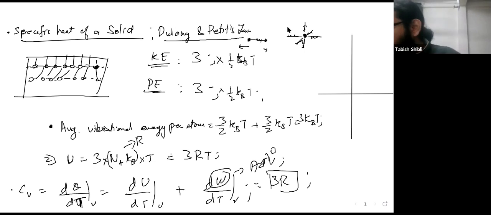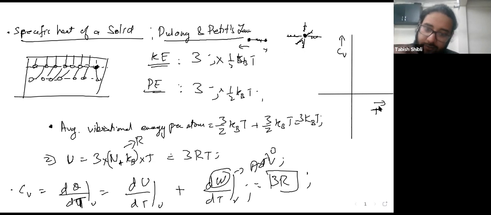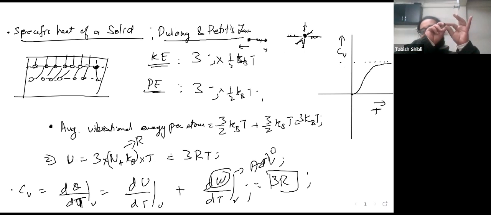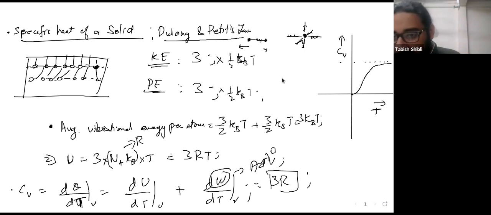If you want to plot CV along the y-axis, along with the temperature, as you increase the temperature, how does CV change? Well, what you see for a solid is that it starts from zero. It goes up, and up, and then it asymptotically reaches this line.